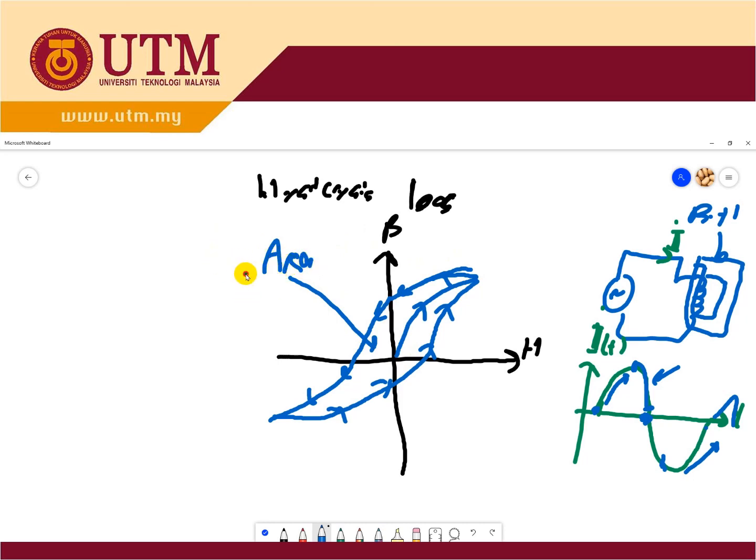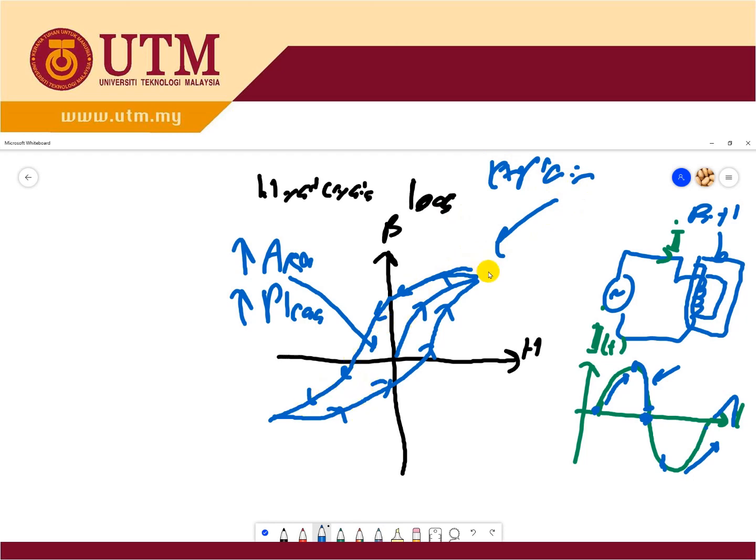This depends on the material, so different materials will give different hysteresis loss. That is what hysteresis loss is, so make sure you know how to explain this, how it moves and everything.